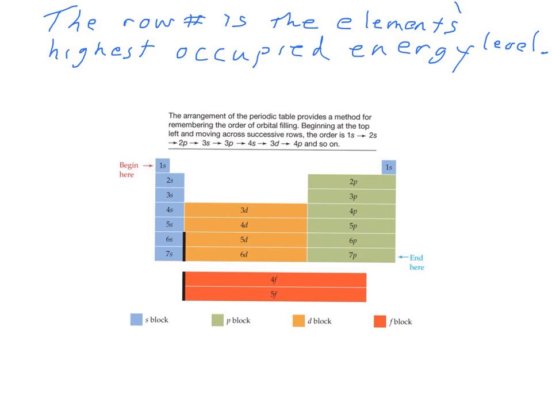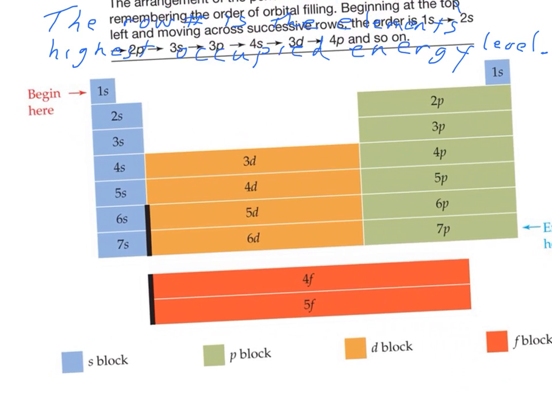But wait, there was more. Because our periodic table goes from 1 to 7 at the top, that means that the energy of our energy levels goes from 1 to 7, which is kind of a well-duh statement. We've kind of beat that one into the ground. But now we know the relationship between that and the periodic table: the row number is the element's highest occupied energy level. So let's zoom in again here. Zoom, zoom, zoom.